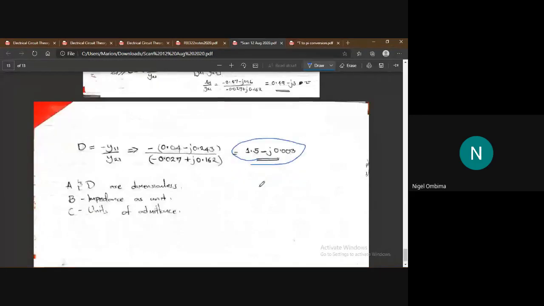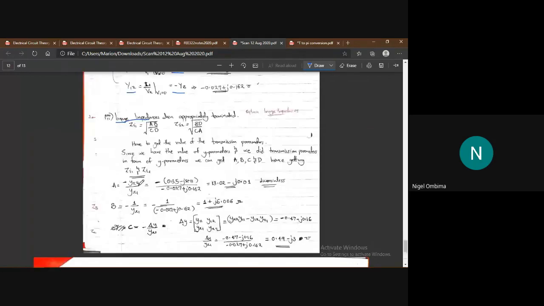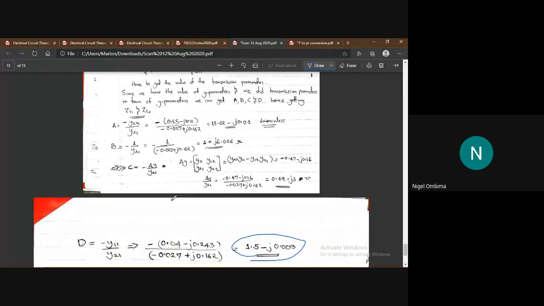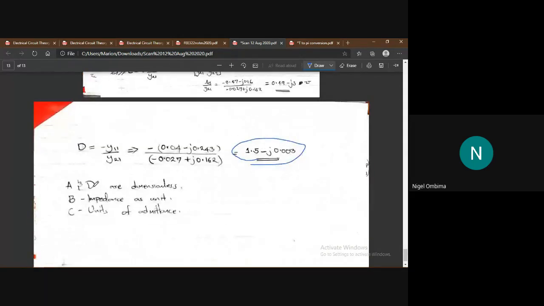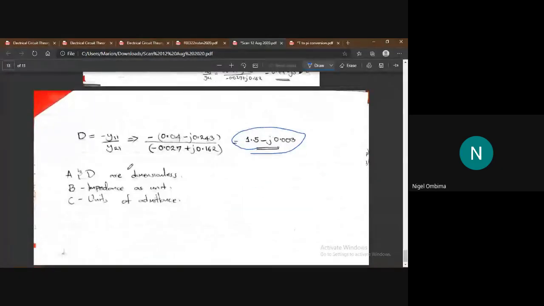And same thing to D, get this, whereby it will give you an answer. Now, on to units for ABCD parameters. For A and D, they are dimensionless, because if you notice, this is just admittance over admittance, whereby the Siemens will cancel. So it will be dimensionless. Same thing to D, the Siemens will cancel. But now for B and C, B, because it's 1 over Y21, this is just the same as impedance. It will be in terms of ohms now.